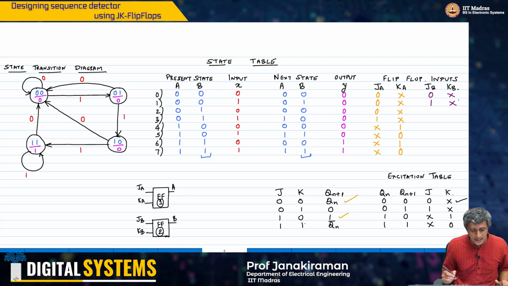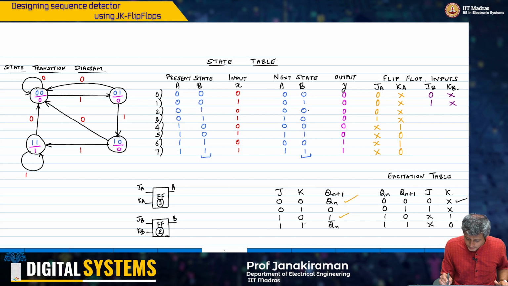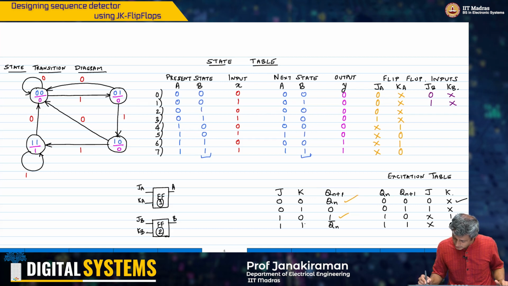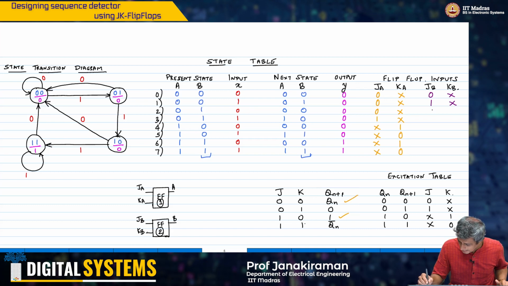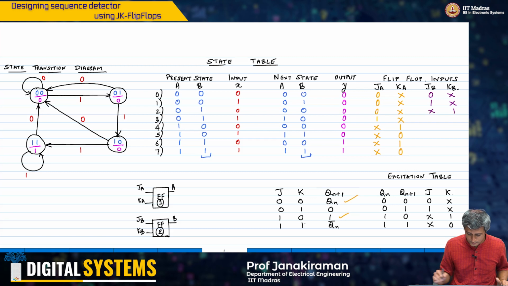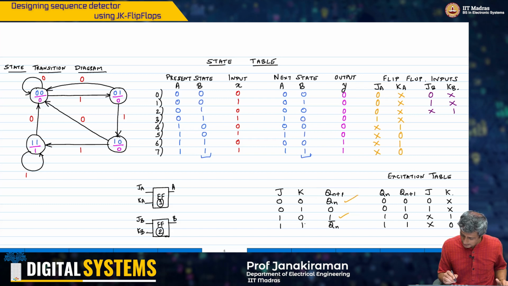Then in row 2, I mean 1 0, I am talking of 1 0, therefore it is this one. So it will be x1. And likewise row 3, I am talking of 1 0 again, and therefore this will be the answer.